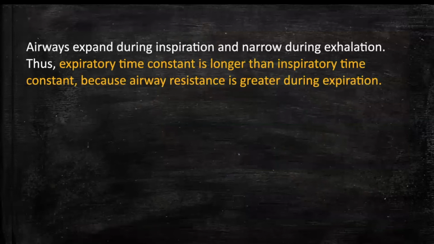Always expand the lung during expiration. Airways expand during inspiration and narrow during exhalation, as we know, because the chest wall and lungs are collapsing during exhalation, so the airways narrow more during expiration. That's why expiratory time constant is longer than inspiratory time constant, because airway resistance is greater during expiration.